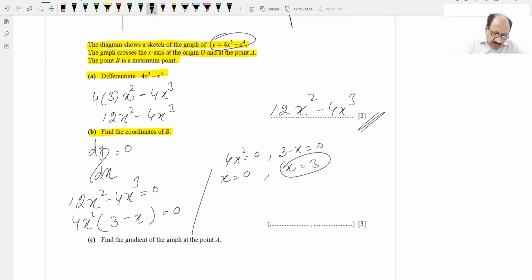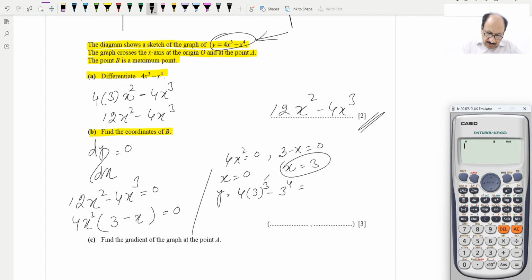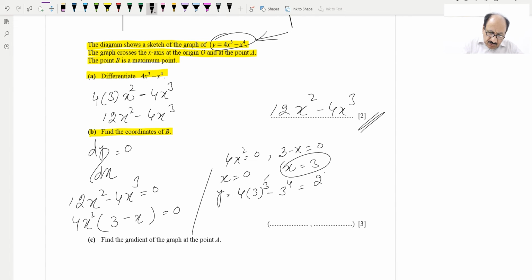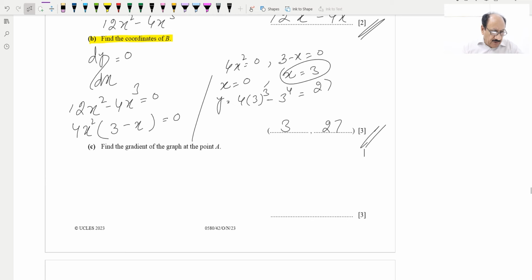So y is equal to 4 into 3 cubed minus x to the power 4, x means 3, so 3 to the power 4. We calculate: 4 into 3 cubed minus 3 to the power 4, and it results in 27. So our coordinates will be (3, 27), and this is a 3 mark question which we have done.